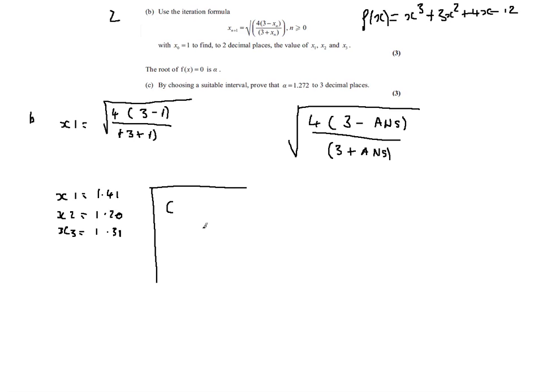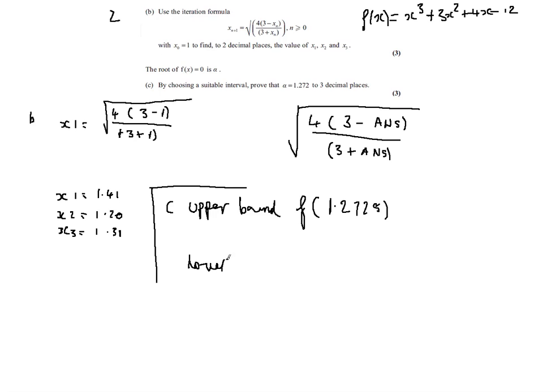So what we can do is plug into f of x the upper bound, which will be f of 1.2725, and plug in the lower bound.